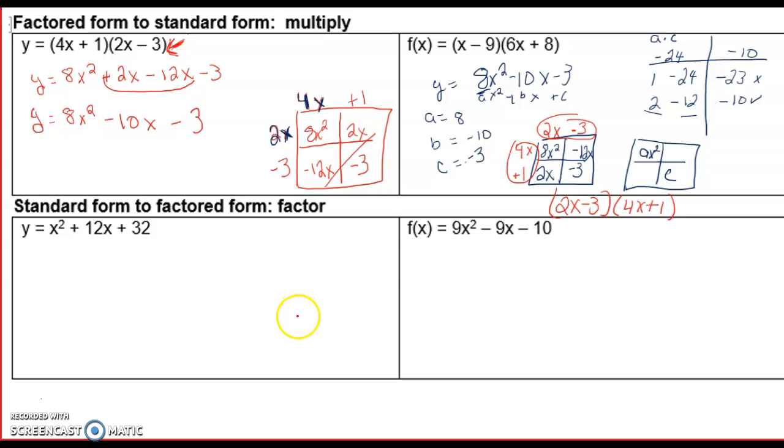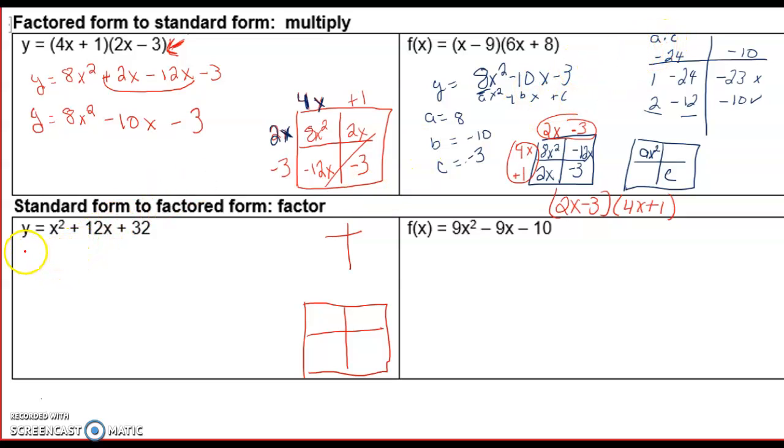All right, so on this one, we're going to draw our little box. We're going to draw our little cross thing here, right up here. All right, this right here is AC. A times C goes here.